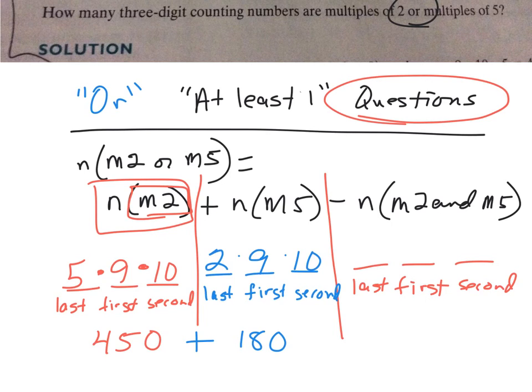Class, what does the last digit have to be if I'm both a multiple of 2 and a multiple of 5? Think about it. If I'm a multiple of 2, then the last digit has to be 2, 4, 6, 8, or 0. And if I'm a multiple of 5, my last digit has to be 5 or 0. So if I'm a multiple of both, the last digit has to be 0. That's the only thing it can be. So there's 1 choice for the last digit, 9 for the first digit, and 10 for the second digit, which makes another 90.